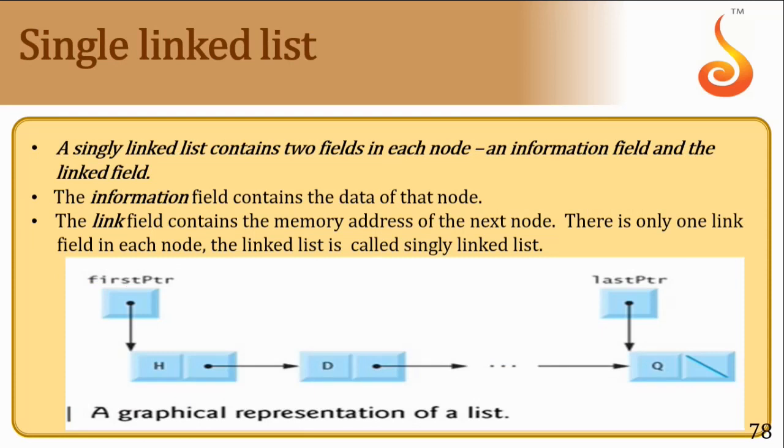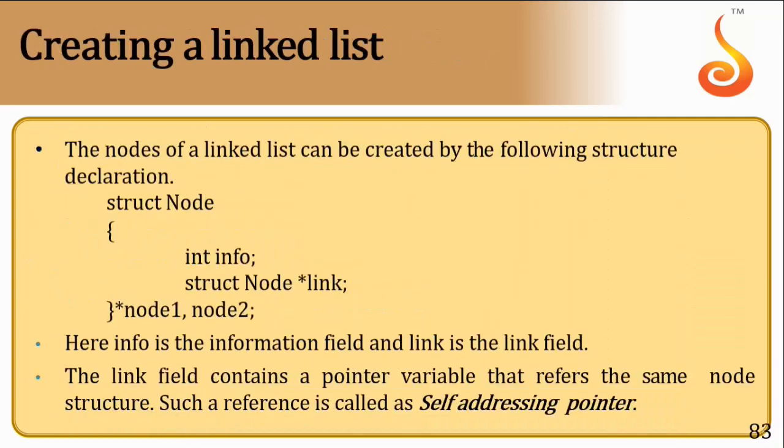Link of P is pointing to the next node. So P is equal to link of P. It will go here like that only. P is equal to link of P. Like that you go on, because link of P would be pointing to the next node. Like this you go on pointing until you reach the last node. When the link of P is null, you stop. That is what traversal means.